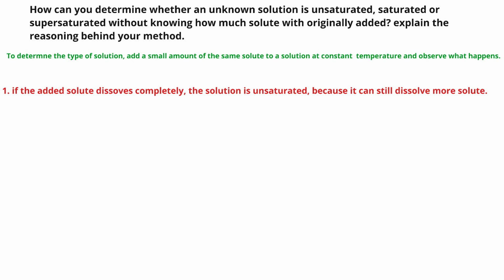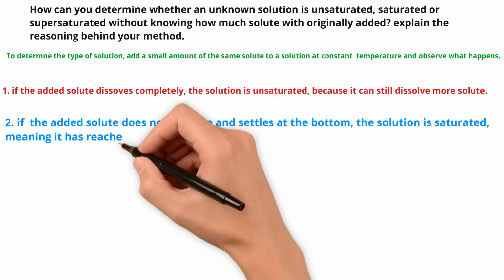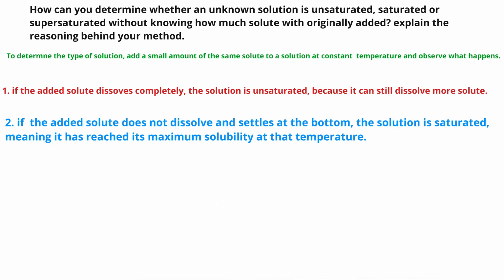First, if the added solute dissolves completely, the solution is unsaturated because it can still dissolve more solute. If the added solute does not dissolve and settles at the bottom, the solution is saturated, meaning it has reached its maximum solubility at that temperature.